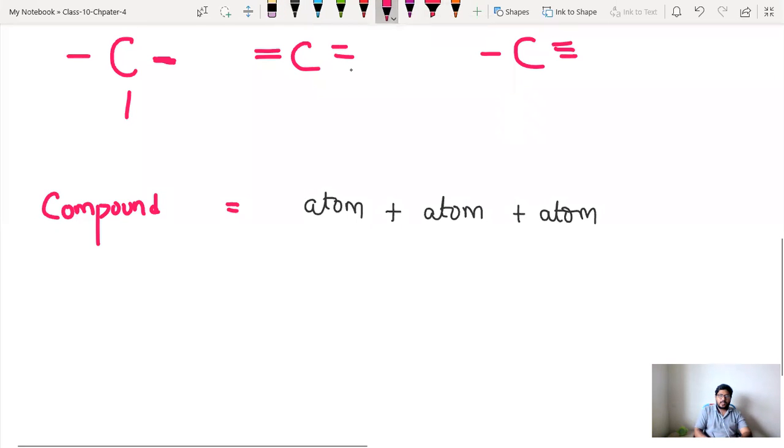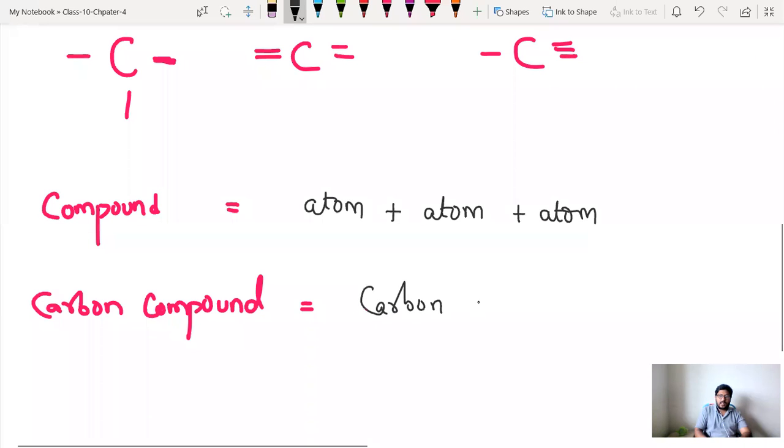Next, we have another compound, that is carbon compound. What is meant by carbon compound? In these elements, if one of the elements is carbon and the remaining different atoms might be hydrogen, chlorine, bromine, iodine, oxygen, etc., if it is like this, you can call that one a carbon compound.